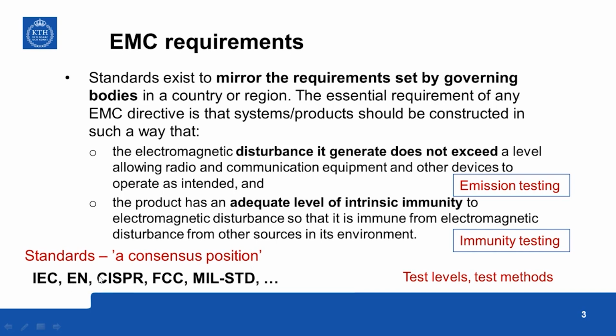Then you have industry standards, CISPR. Then FCC, Federal Communications Commission of the USA. And you have US military standards. These are also widely adopted. Any equipment that is sold to the US military or US military establishments has to comply with this.